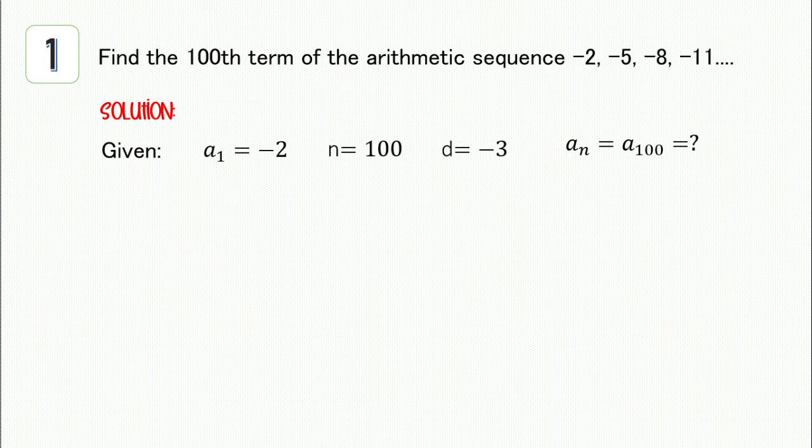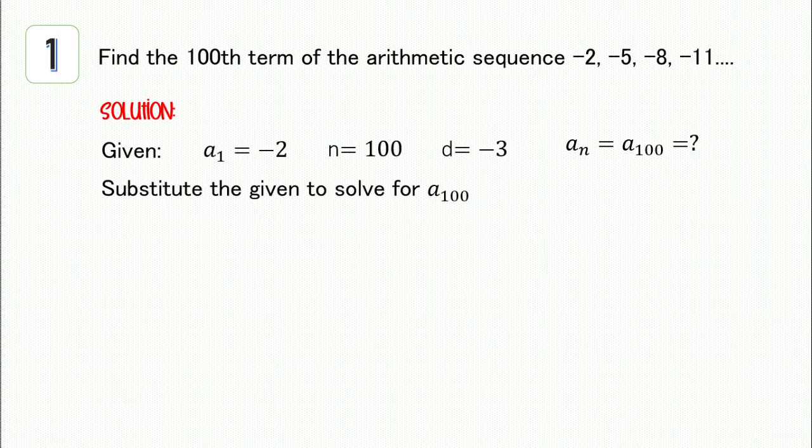Tapos, yung d, how we're going to get d is simply subtract a sub 1 from a sub 2. So, negative 5 minus negative 2 is negative 3. Tapos, yung a sub n naman, or yung a sub 100, yun yung hinahanap natin. So, lagay ko na lang yung question mark. And after that, as we able to determine all the given, ay substitute natin yung given sa formula to solve for a sub 100.